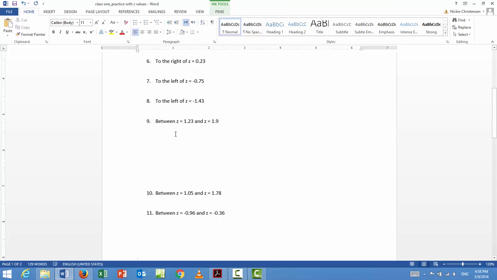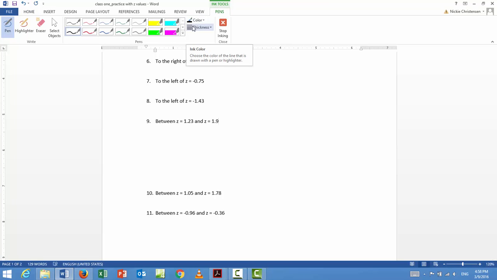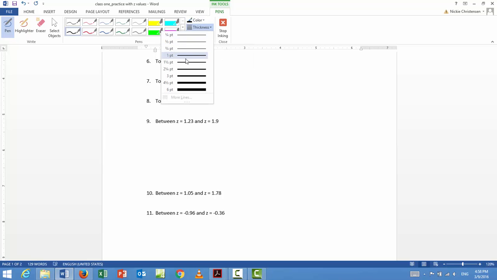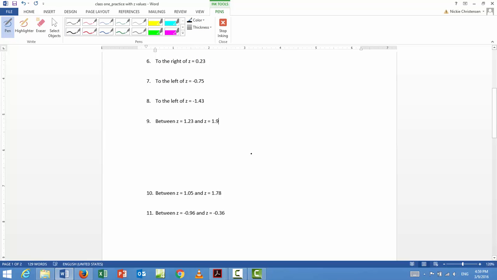Number 9 asks us to find the area between z equals 1.23 and z equals 1.9. So I'll draw my curve.